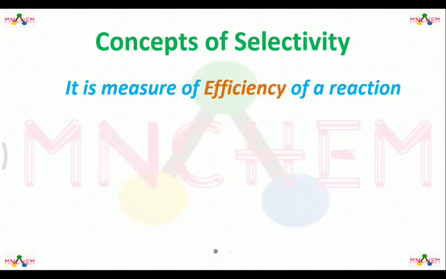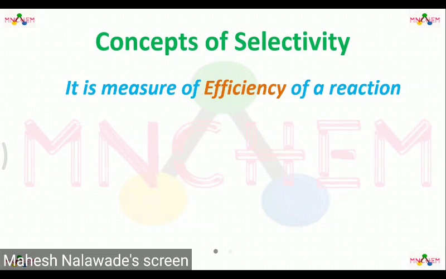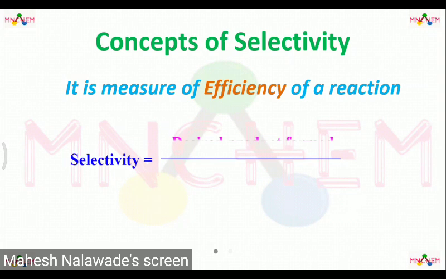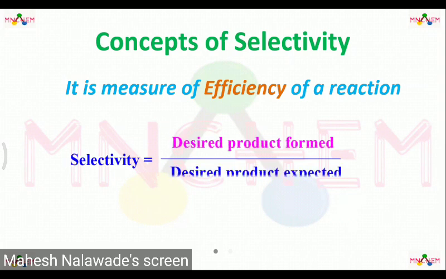To understand it better, if I write a formula for selectivity in a reaction, it will be: selectivity is the ratio of desired product formed to desired product expected. So here we understand what we mean by measure of efficiency of a reaction.